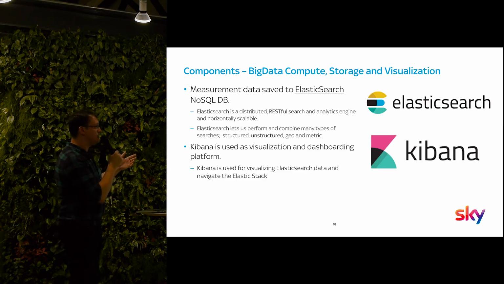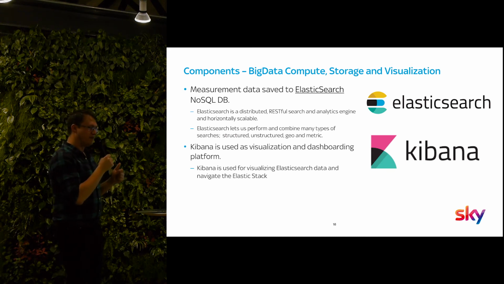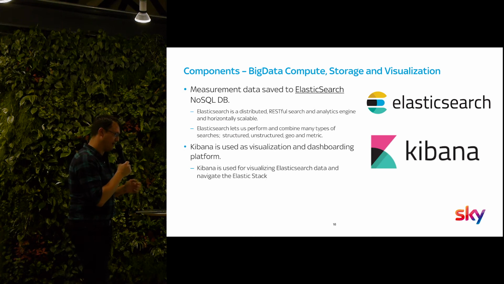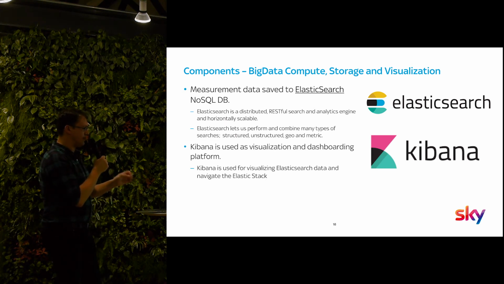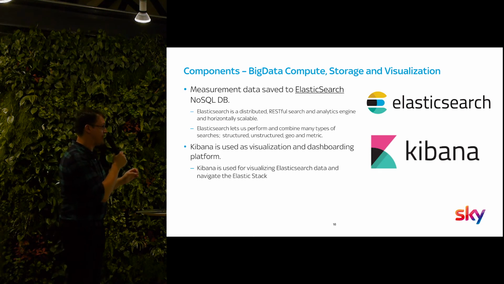And all the data is saved to Elasticsearch. It's a NoSQL database, and that's pretty fast and also very easy to expand. It's very easy to horizontally scale: you just add more clusters and that's it.